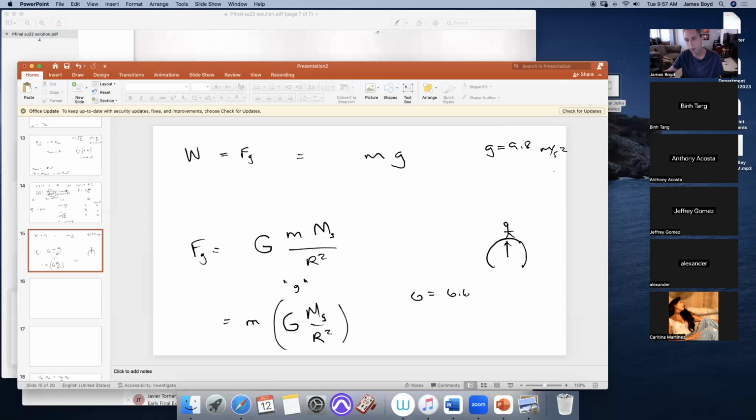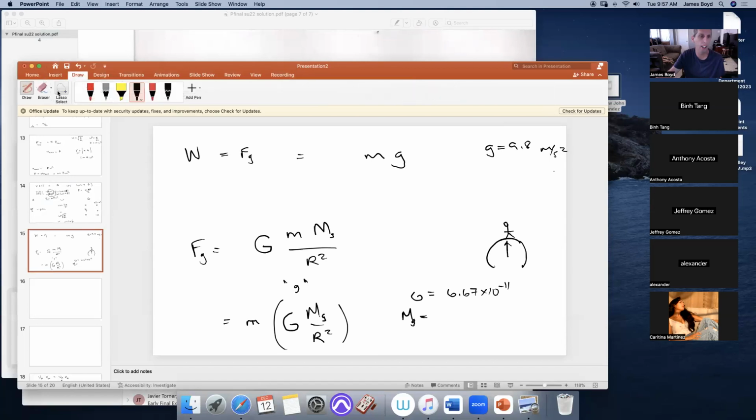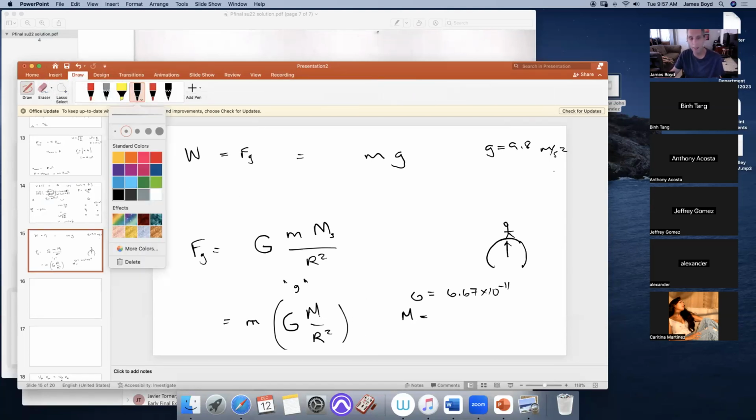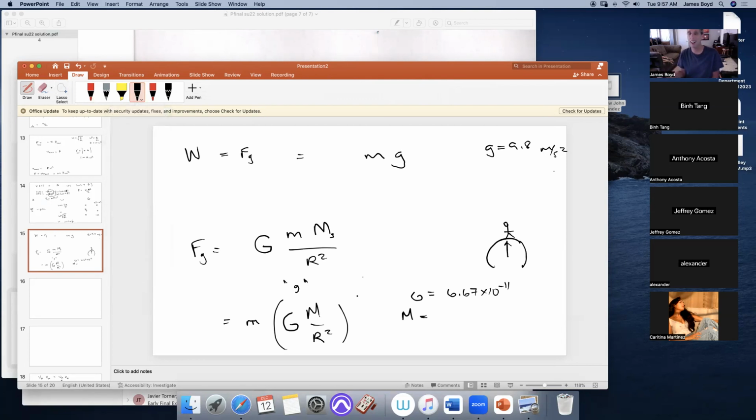Big G is 6.67 times 10 to the minus 11. That's the gravitational constant. The little g, get rid of it. But that big M is there to signify what is causing gravity. So what's causing gravity to act on you is the Earth.